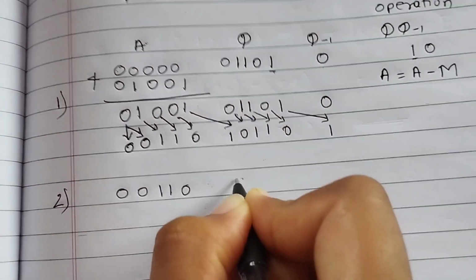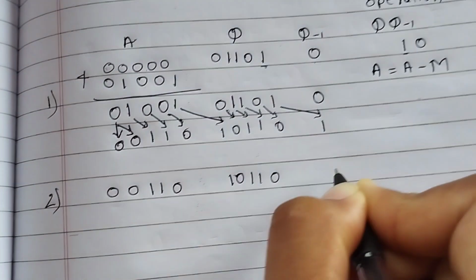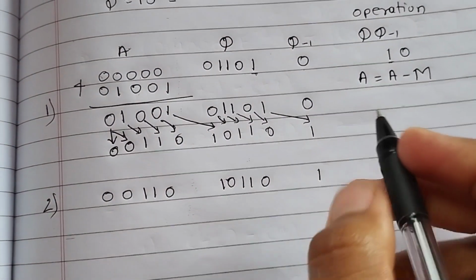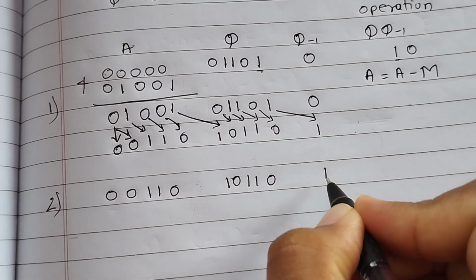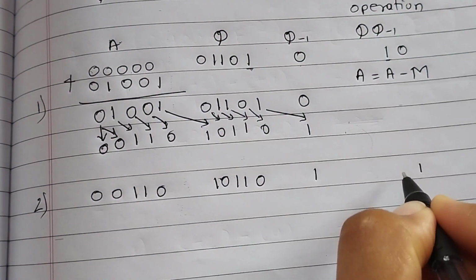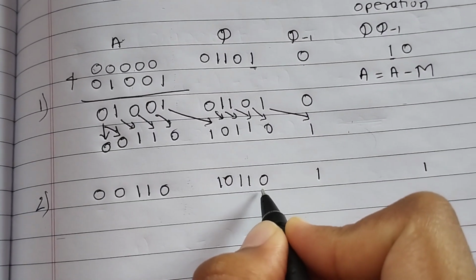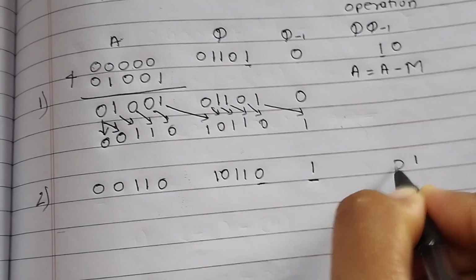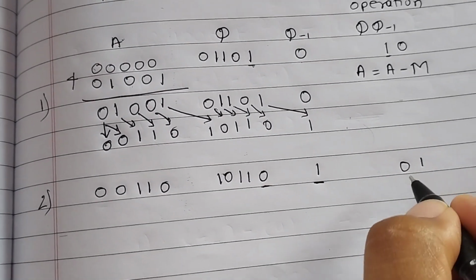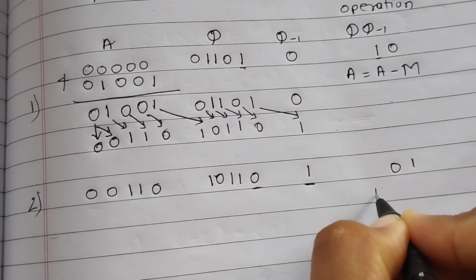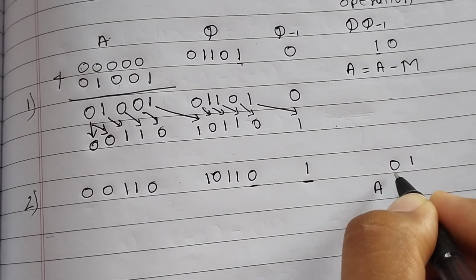0 1 0 1 1 0 and this 1. So first we find Q and Q minus 1. Now Q minus 1 is 1 and Q is 0, so this is 0 1. As I said, to do the operation quickly, see which number comes in front.